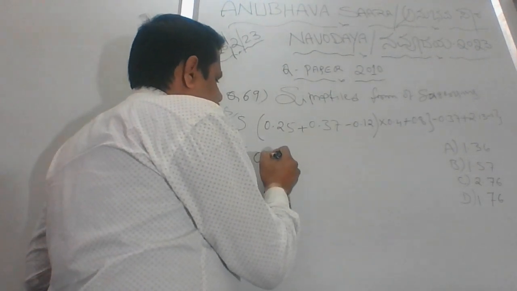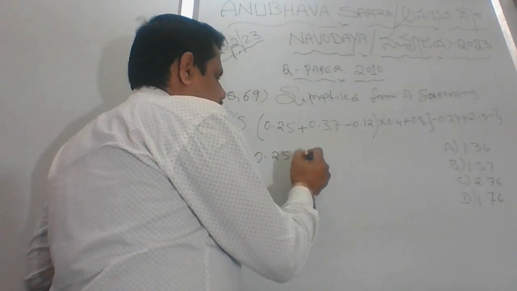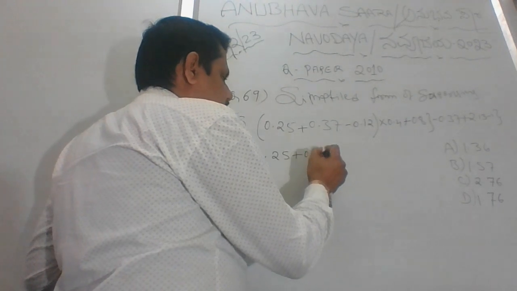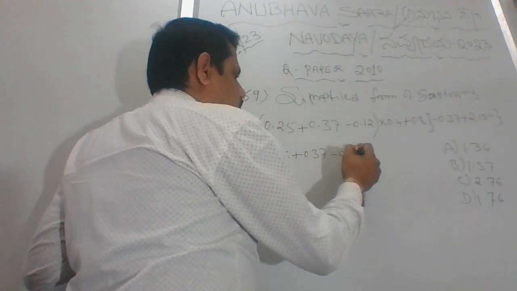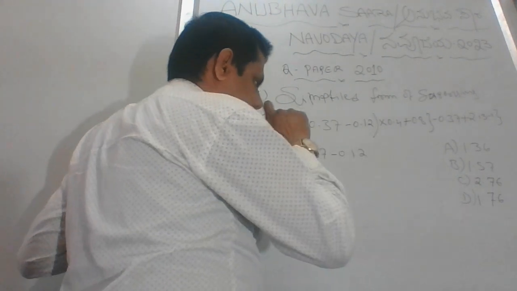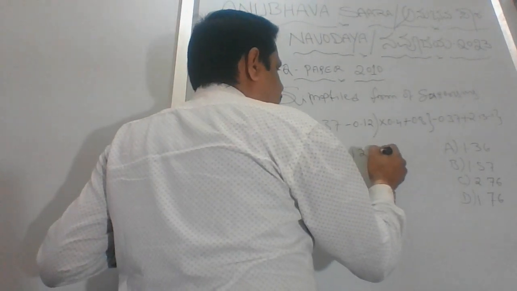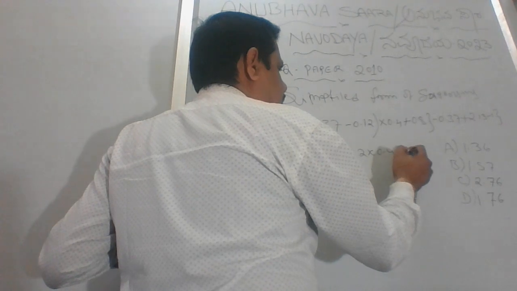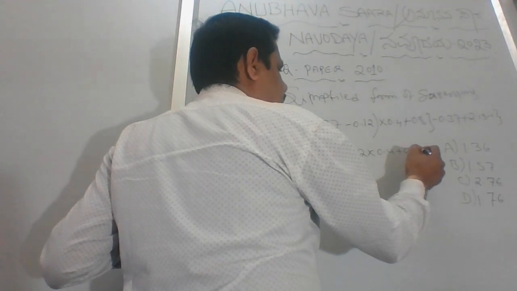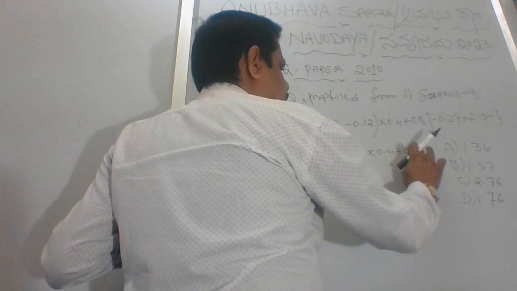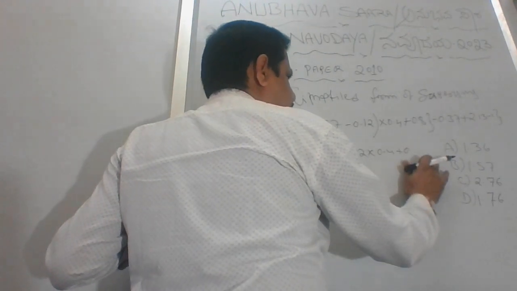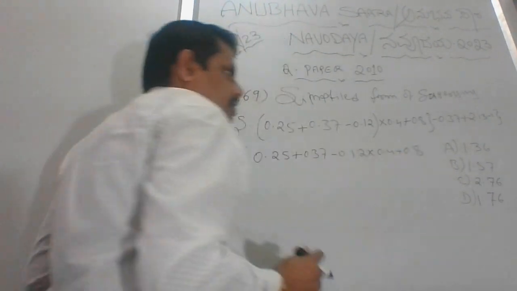So I'll remove these brackets and write it straight away: 0.25 plus 0.37 minus 0.12, multiply by 0.4 plus 0.8.